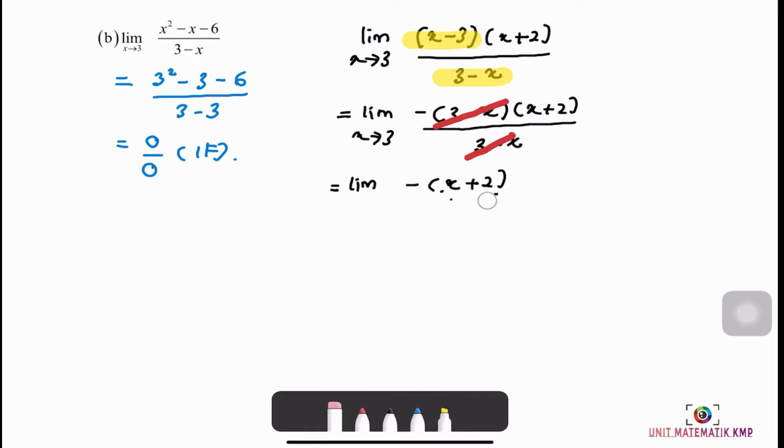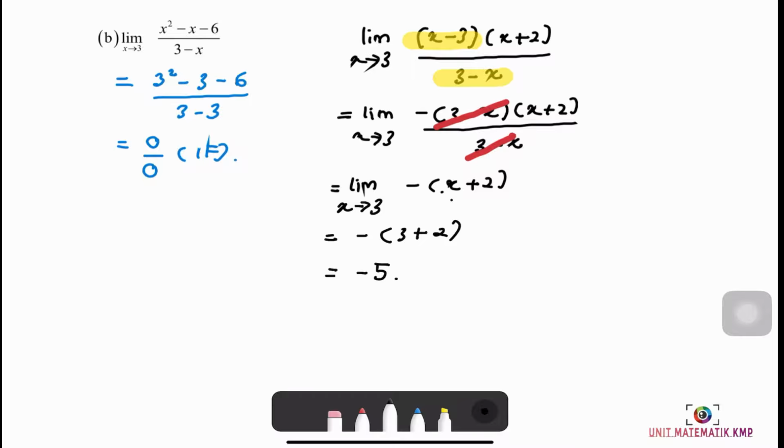So we only have minus (x plus 2) when x approaches 3. Final step, we have minus (3 plus 2), and the final answer should be minus 5. That is example 2.